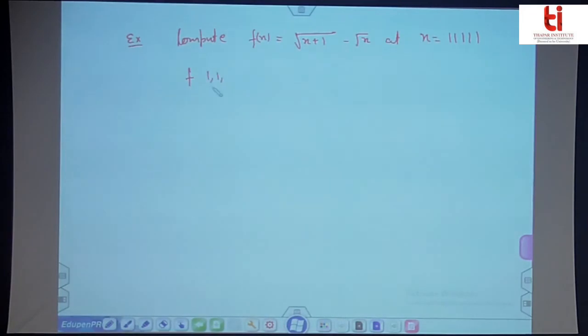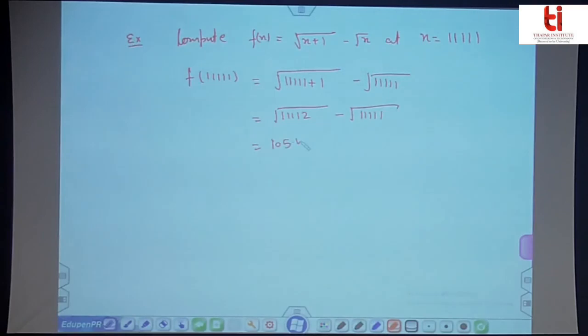The function value at x equal to 11111 is under root 11112 minus under root 11111, which is 105.413 minus 105.409. Okay, how many digits in each number?